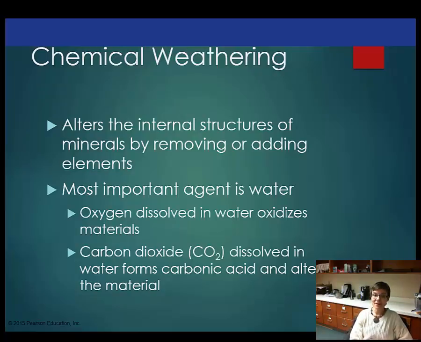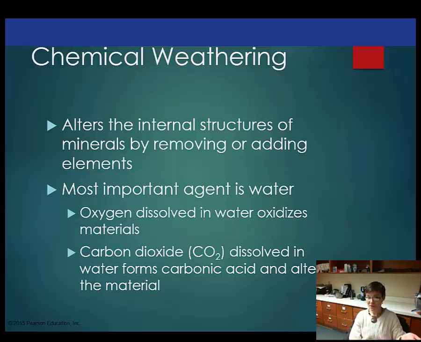Now, chemical weathering is another type of weathering you're going to have to find on your scavenger hunt. Chemical weathering occurs when you have a chemical reaction occurring, such as oxygen or carbon dioxide in the form of carbonic acid reacting with the materials. So when oxygen dissolved in water, particularly slightly salty water, comes into contact with anything that contains a metal, it oxidizes.